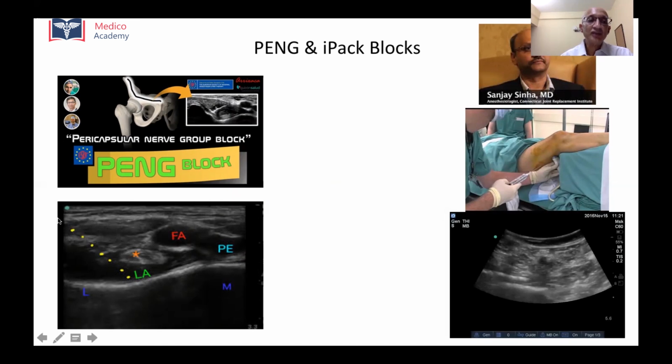So the needle comes in from lateral to medial, and we deposit the local anesthetic in this plane, and we see this whole plane opens up, and like I said, the nerves must be traversing through this plane, which are too fine to be seen, but they obviously get blocked, and we find this block extremely helpful.